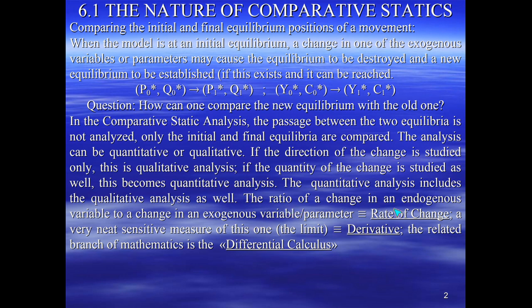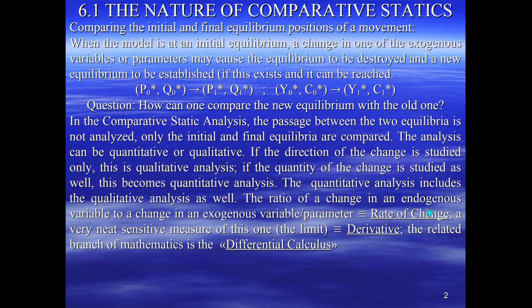The ratio of a change in an endogenous variable to a change in an exogenous variable or parameter is called the rate of change, the rate of change of y with respect to x, for instance. This is a rough measure. We will call it delta y over delta x, for instance, in rough countable or measurable quantities.